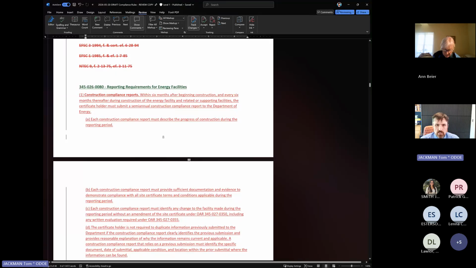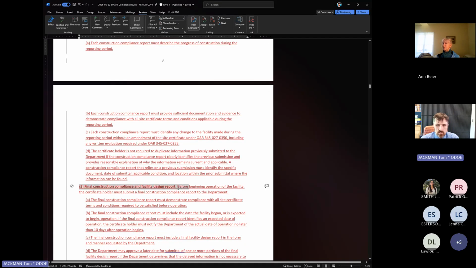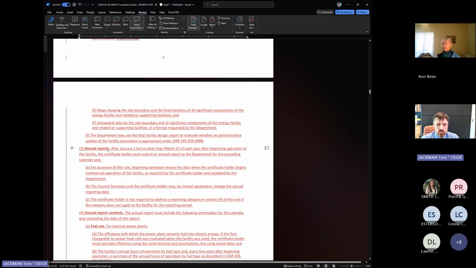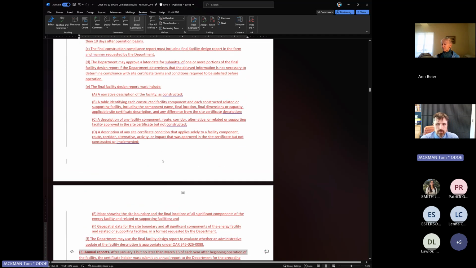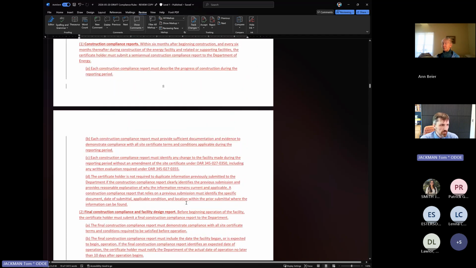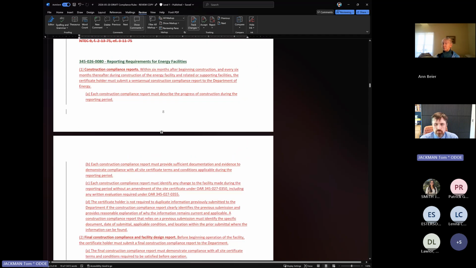What I've done here is taken what we originally drafted and reorganized it so that it was clearly delineated into these sections: construction compliance reports, final construction compliance facility design report, and then annual reports. It was all mixed together before, and it wasn't totally clear exactly what we were asking for and when we were asking for it. That motivated me to restructure this.